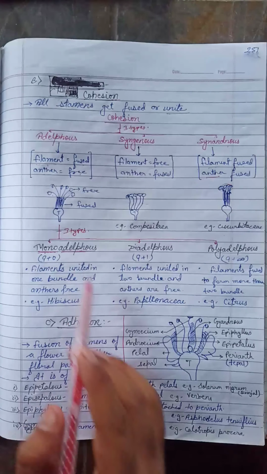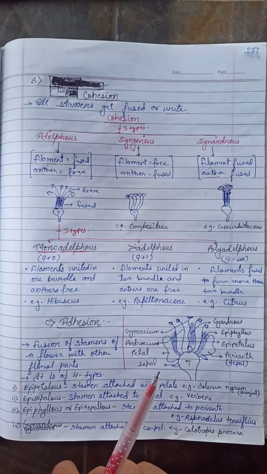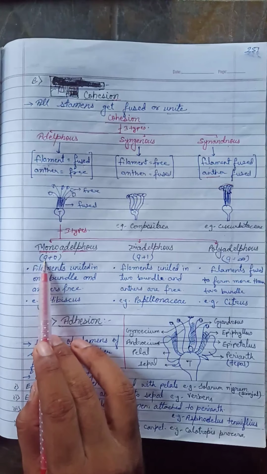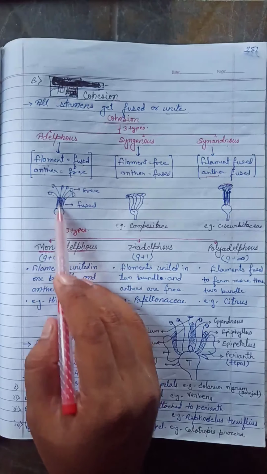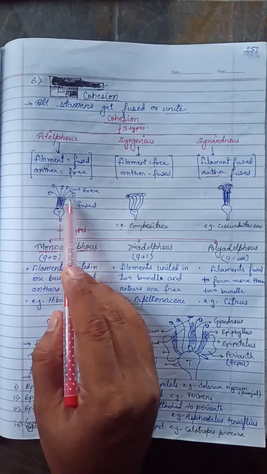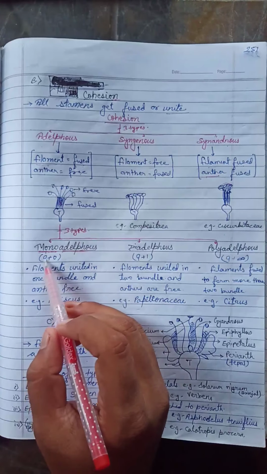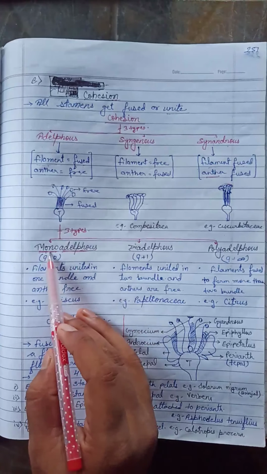That means filaments found in a single bundle is called monoadelphous. What is the meaning of 9 plus 0? If a flower contains 9 filaments, that means the 9 are formed in a single bundle. That is called monoadelphous.